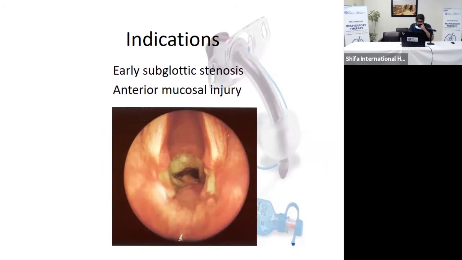It could be an early subglottic stenosis or anterior mucosal injury. This could be after ingestion of acid, or having a tracheostomy or an ETT tube for a long time. And you can see the granulation tissue in the subglottic area. This is your cords. So these are some of those indications where we put tracheostomy tubes in.